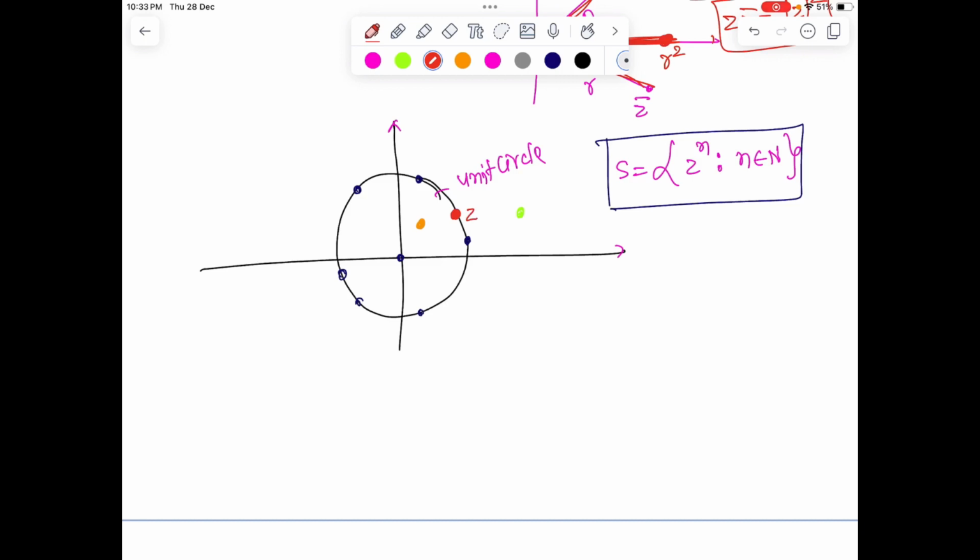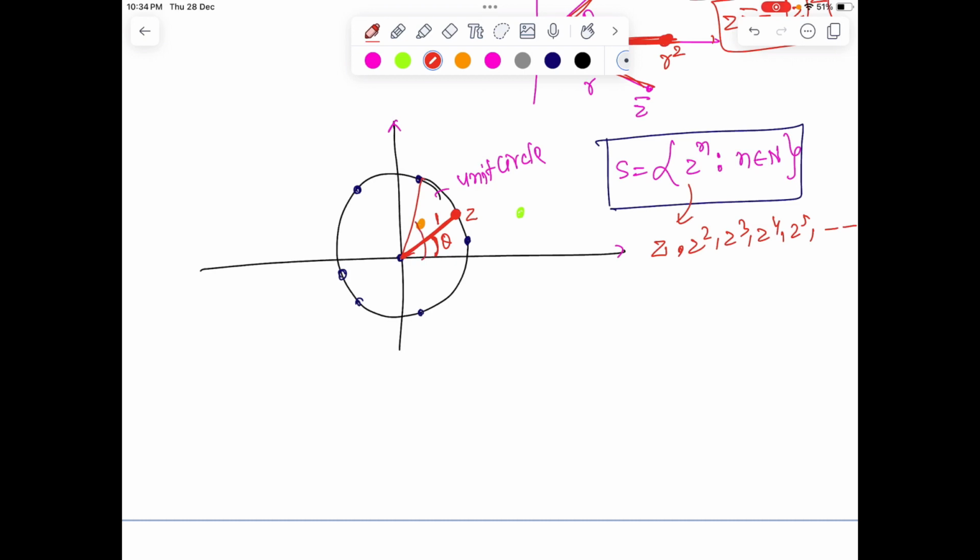So we can clearly see if this is Z, it is at a distance of 1, and let's say the angle is some theta. So what is the set Z to the power n? It is Z, Z square, Z cube, Z4, Z5 and so on. Where will Z square be? If I multiply Z with Z, it means you are multiplying the complex number with the same complex number. So its distance gets multiplied by the factor 1 into 1 and the angle gets added.